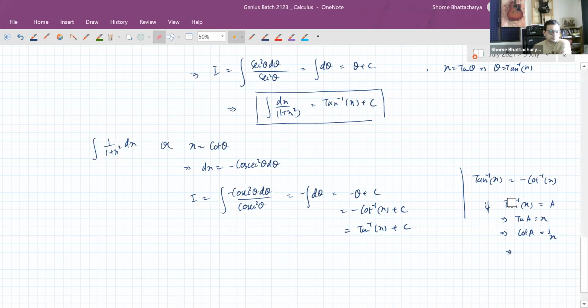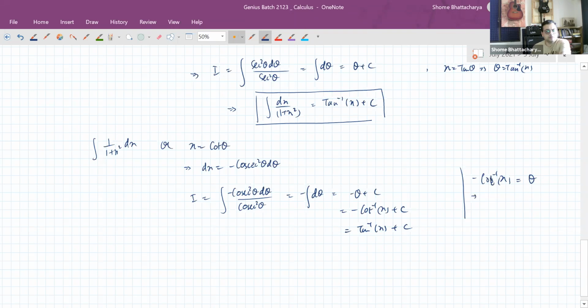Actually, there's a different way of proving this. Okay. And that is this, that cot inverse x, minus of cot inverse x, is equal to theta, let's say. Okay.